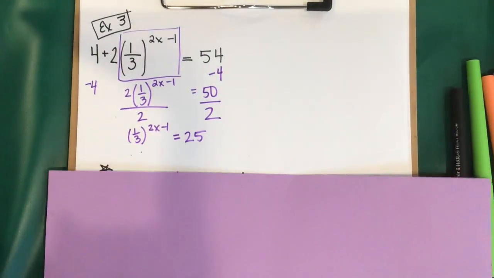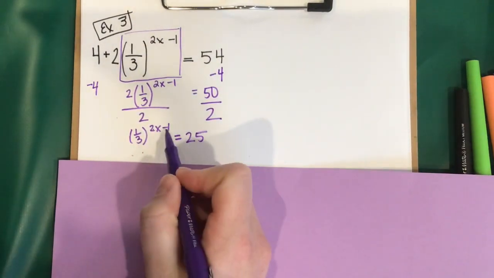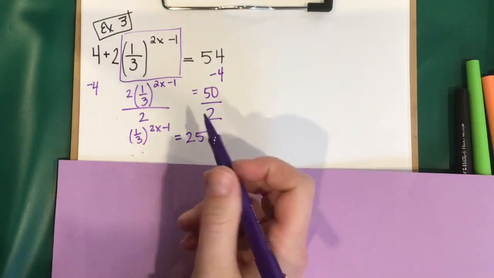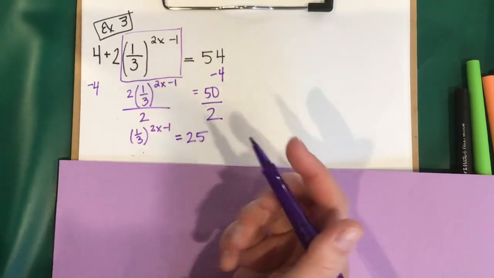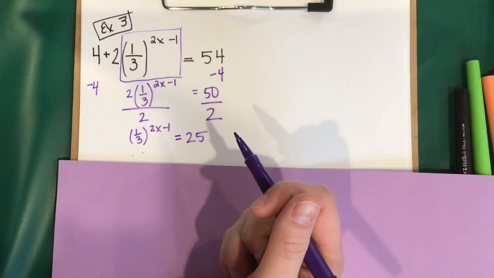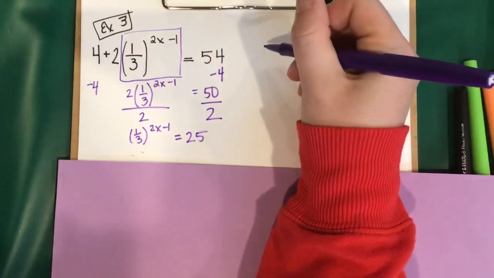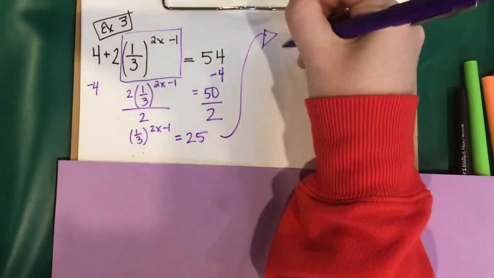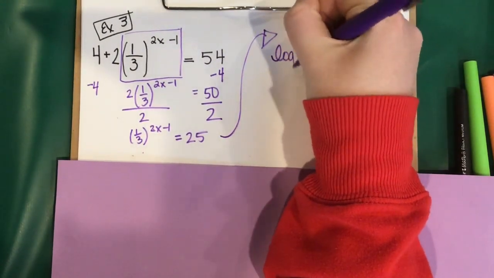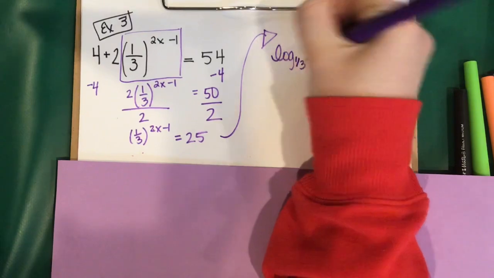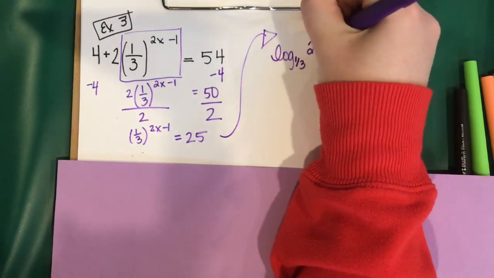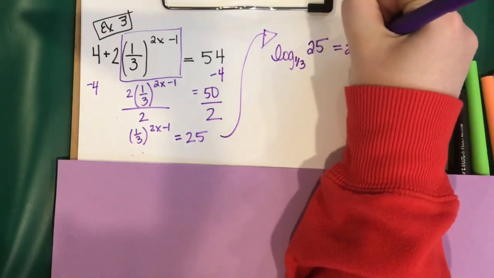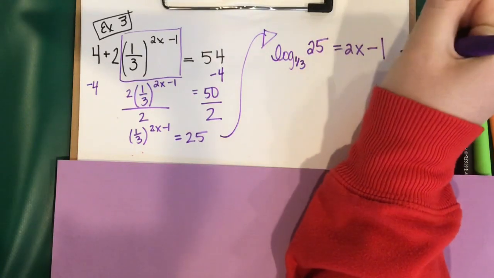So now that I've isolated my base and exponent, well, now I can do what I was doing before. I can change this to logarithmic form. And so when I go to change this to logarithmic form, I have log base 1/3 of 25 equals 2x minus 1.